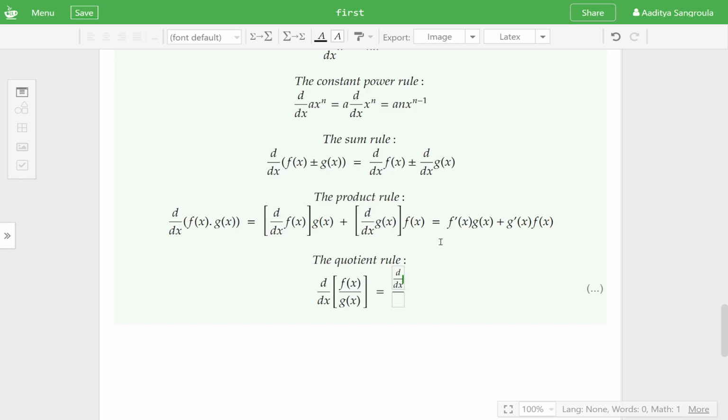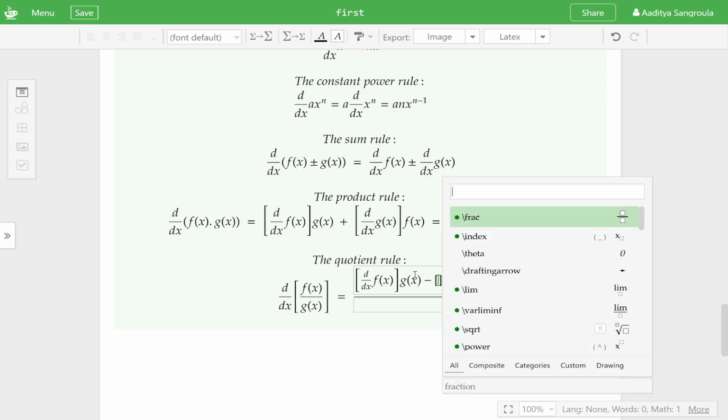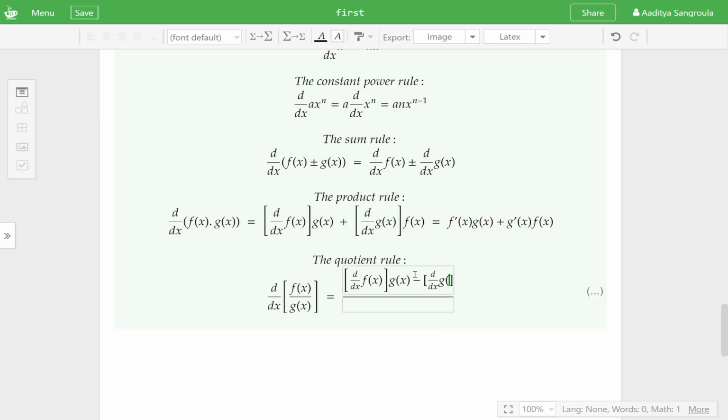It's going to be the derivative of f of x, kept in a bracket, times g of x minus the derivative of g of x times f of x, over g of x squared, right? This is another formula.